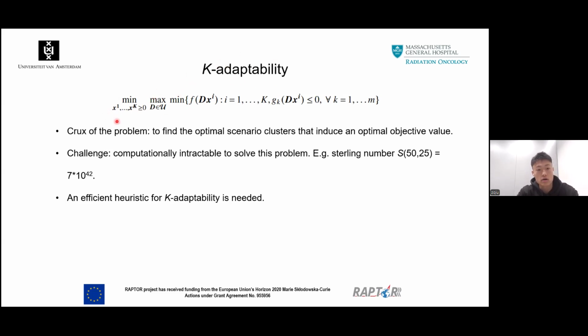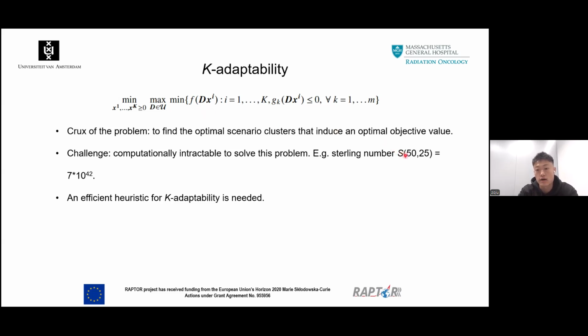So anyways, the crux of this problem is to find the optimal scenario clusters that induce the maximum objective value. But this problem is computationally intractable because there's just tons of ways to partition those clusters.